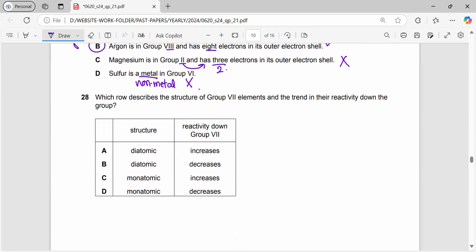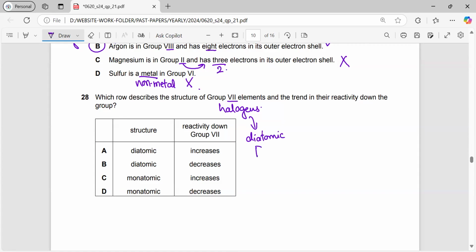Next question. Which row describes the structure of group 7 elements and the trend in their reactivity going down the group? Now, as we all know, the group 7 elements are called halogens. And all the halogens are diatomic. They do not exist in monoatomic form.